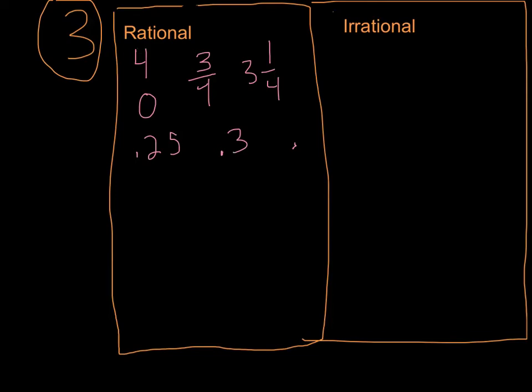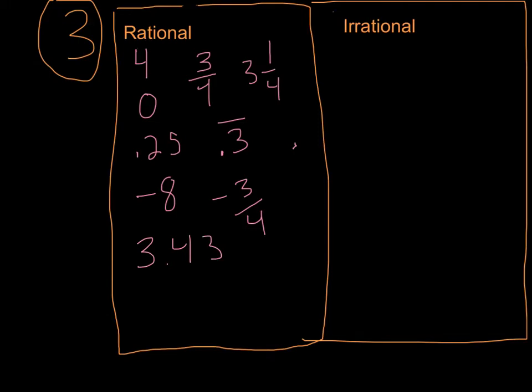Repeating decimals, negative numbers, negative fractions. Remember, a fraction is not an integer, so 3/4 is not an integer. Negative 3/4 is not an integer. Negative 8 is. What else can we have here? We can have decimals with a whole number in front, and a lot of numbers go over here.